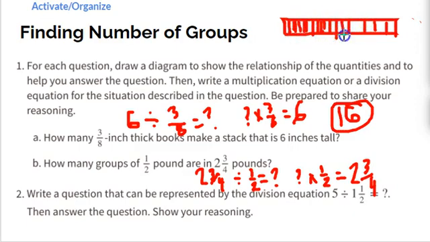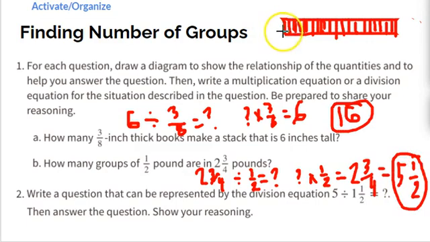I know my drawing is a little difficult to see, but we're taking every one of those parts and cutting them in half to see how many we get. We're going to end up with twice as many as what we started with, because we're cutting each of those in half. So what's our missing number? We're going to see that we have 5 and 1/2 is our missing number here.